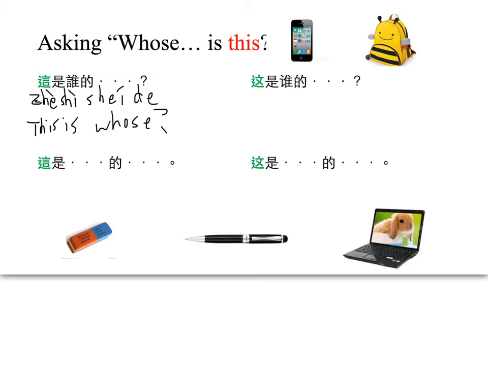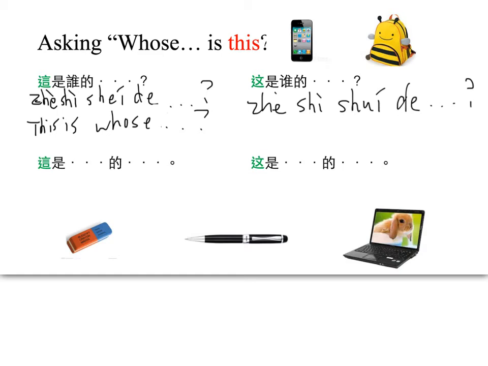It means whose da da da is this? 这是谁的？For example, how do I say whose iPhone is this? I will want to say 这是谁的, and in the da da da you want to say iPhone.